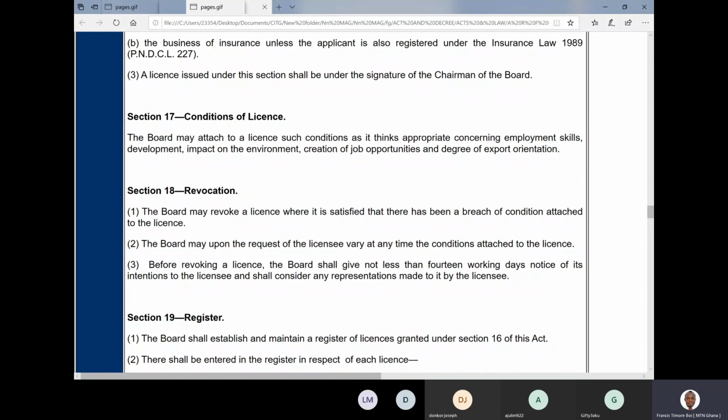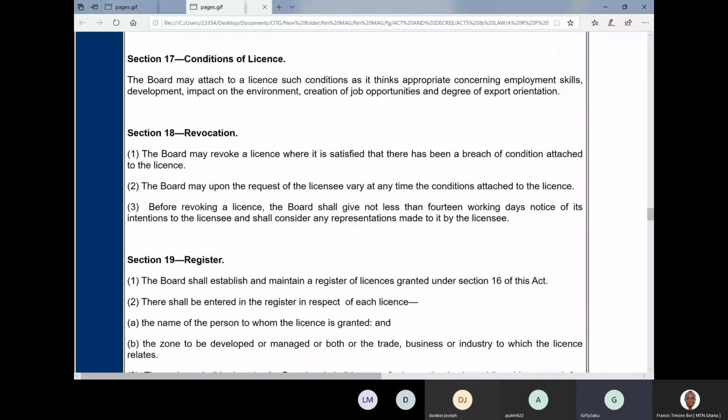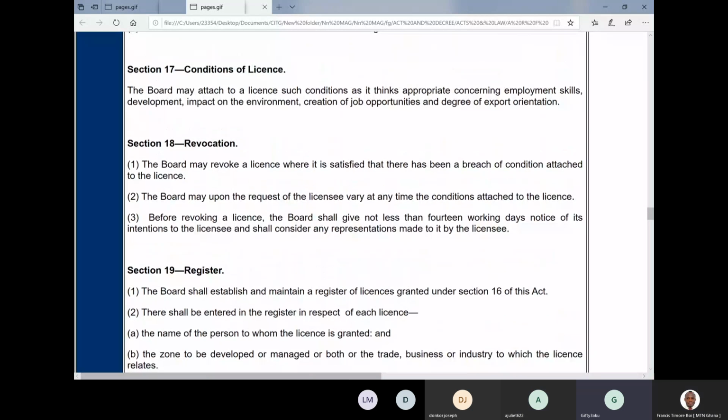Okay. Let's look at revocation. 18. Subsection 1. The board may revoke a license where it is satisfied that there has been a breach of a condition attached to the license. Subsection 2. The board may, on the request of the licensee, vary any of the conditions attached to the license.